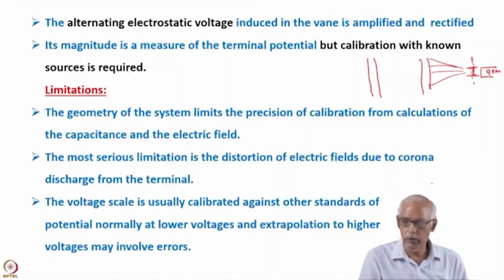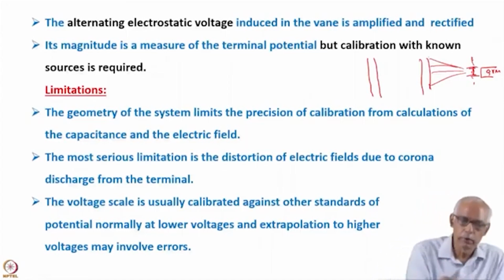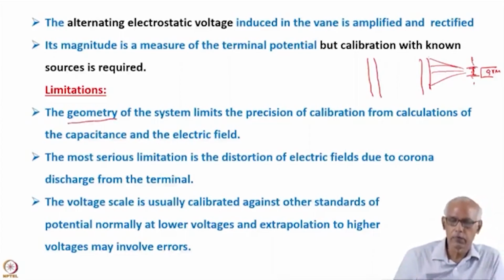Also, in some cases the geometry may be a cylindrical hemisphere, or cylinders, or even a combination of that, and therefore you have to be very careful when you are using those constants which are used for measuring the voltage. So geometry has to be properly defined when finding the calculations of capacitance and constants.